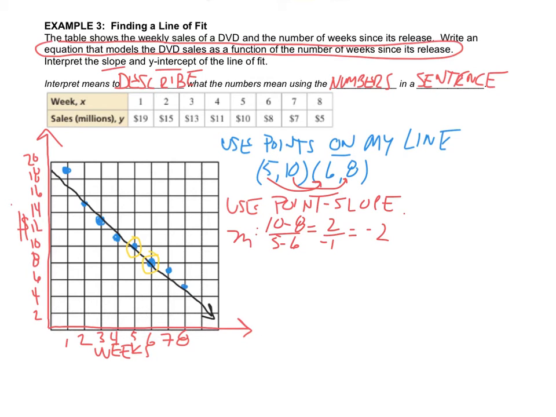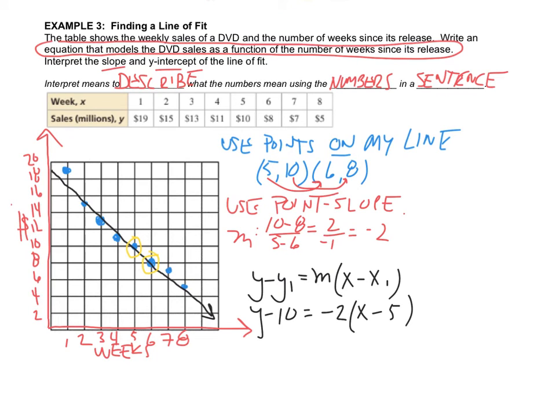Then I'm just going to use one of the points, and I'm going to use (5, 10), just because it's the first one in line, to write it in point-slope form. Remember, point-slope, which we just talked about last week, looks like this. So I'm going to leave the y, plug in the 10 for y1, plug in the -2 for my slope, leave the x, and plug in 5 for x1.